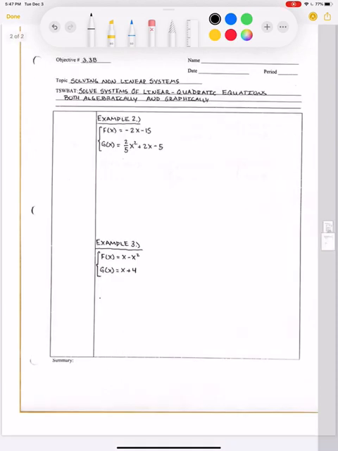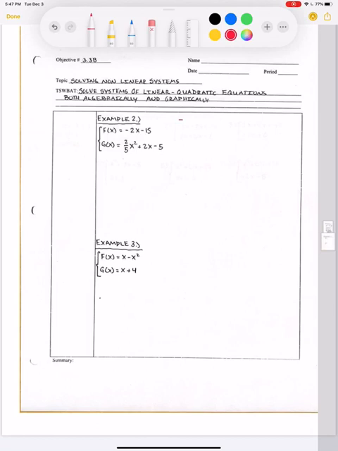We have a couple more examples here. I have f of x equals negative 2x minus 15, and g of x equals 2 over 5 x squared plus 2x minus 5. Now again, you can think of f of x and g of x as y. So that means I can set these equations equal to each other.